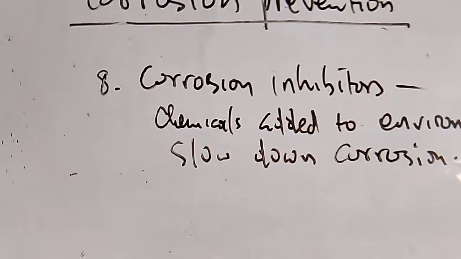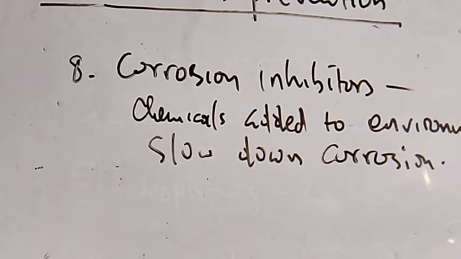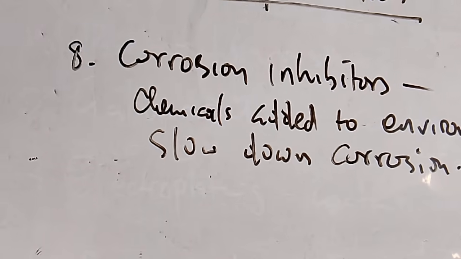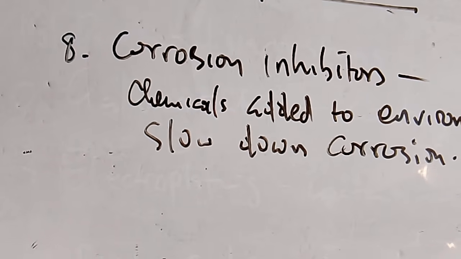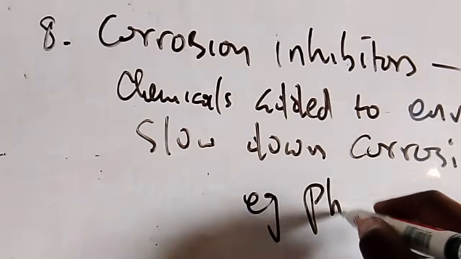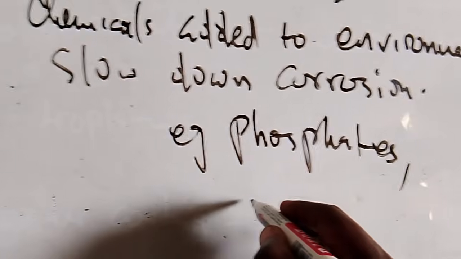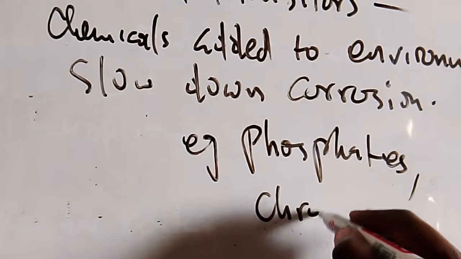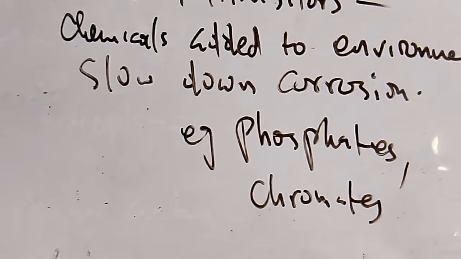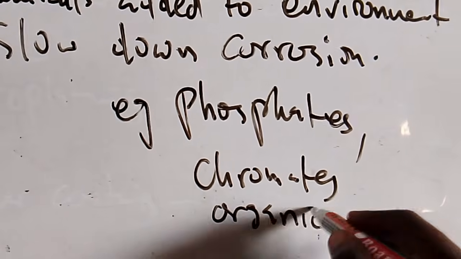Okay, so these are called corrosion inhibitors. Examples include phosphates, chromates, and organic inhibitors.